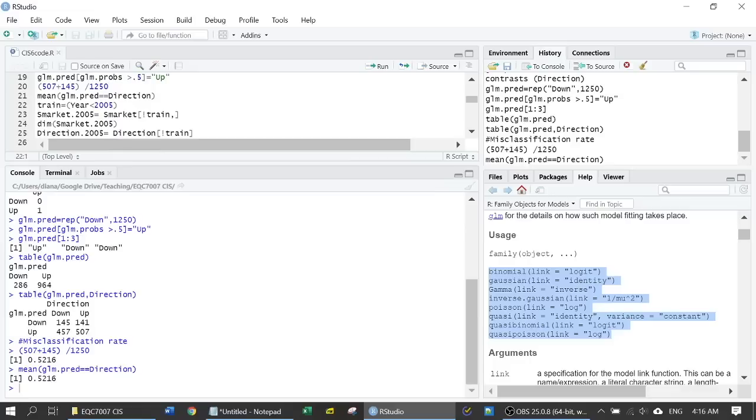Another way of doing this is that instead of computing one by one, you can just get the mean of whether the GLM.pred is equal to direction. So if the GLM.pred is up and the direction is up, or if this is down and the direction is also down, you compute the mean.